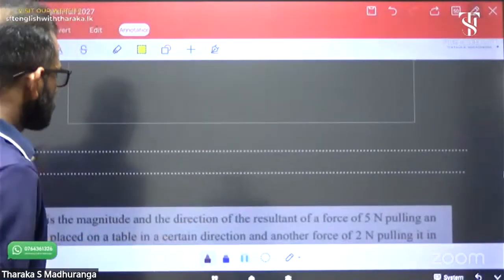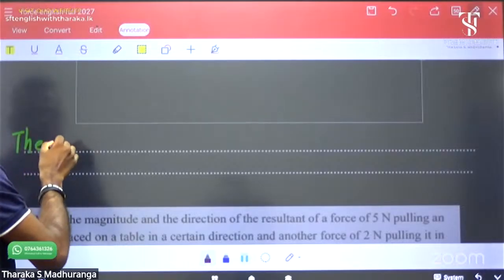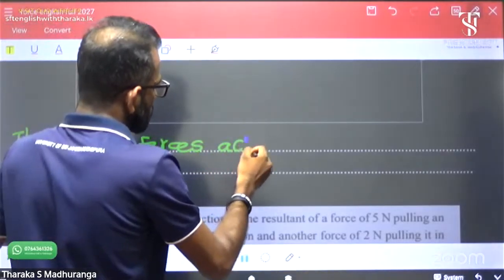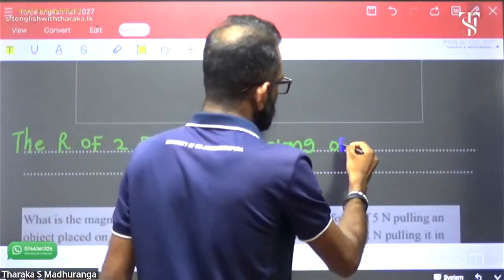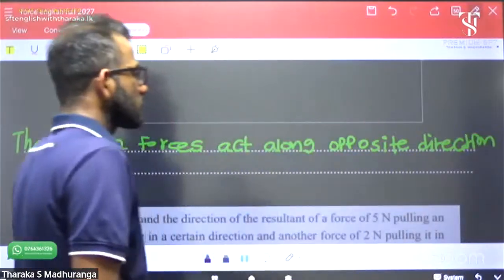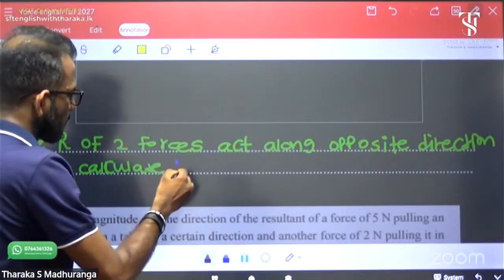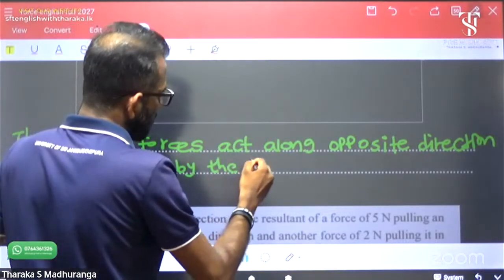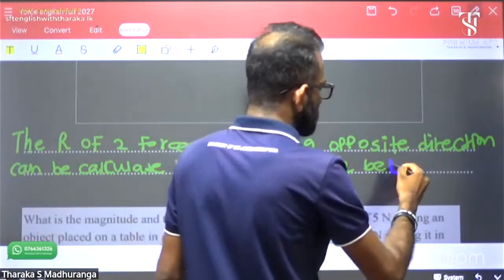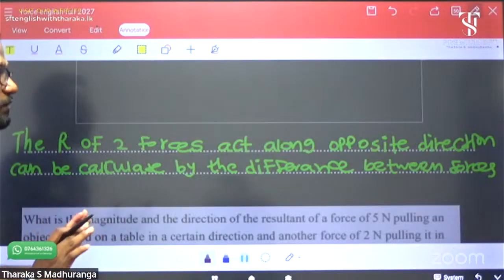Okay. Let's write this down. It can be calculated by the difference between the forces.